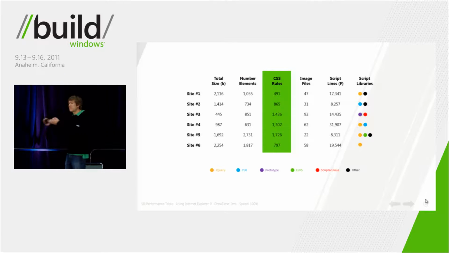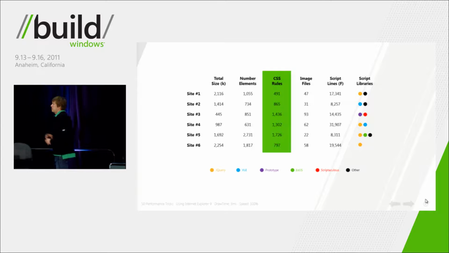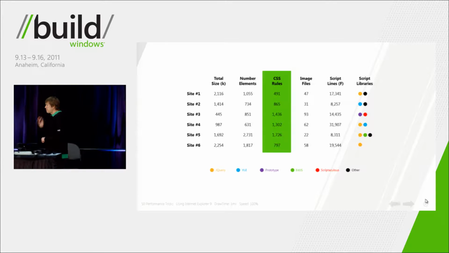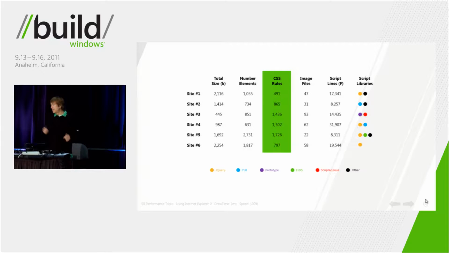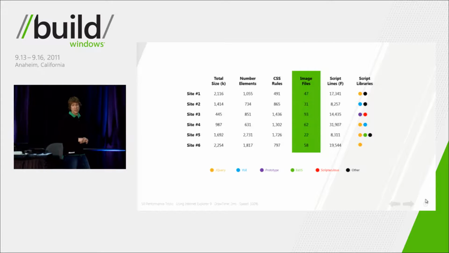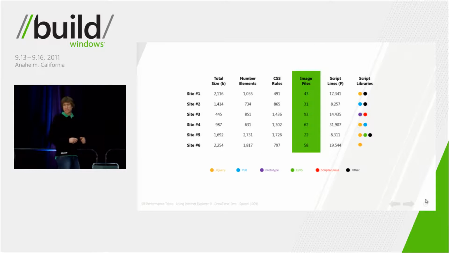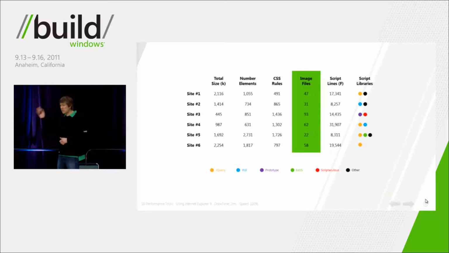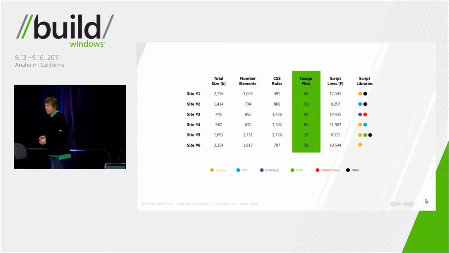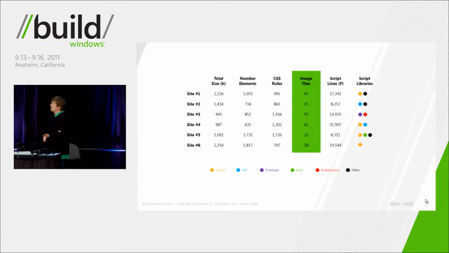If we look at the number of CSS rules that are in the fully rendered page, again, between about 500 and 1,700, factor of 3. If we look at the number of external image files that are downloaded, we'll see there's about 30 on the low end to close to 100 on the high end, factor of 3.